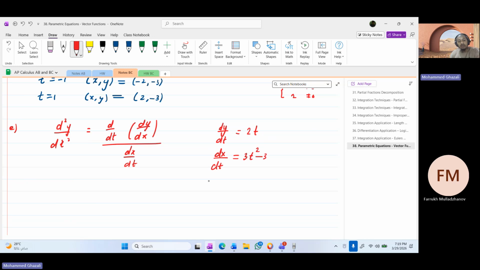Okay, now we can just do all of this one time. So to find this derivative, we're going to do d dt of dy dx. What was dy dx? Dy dx was 2t over 3t squared minus 3.